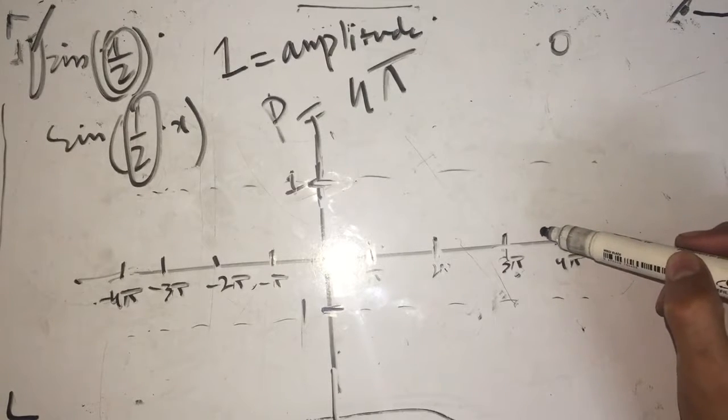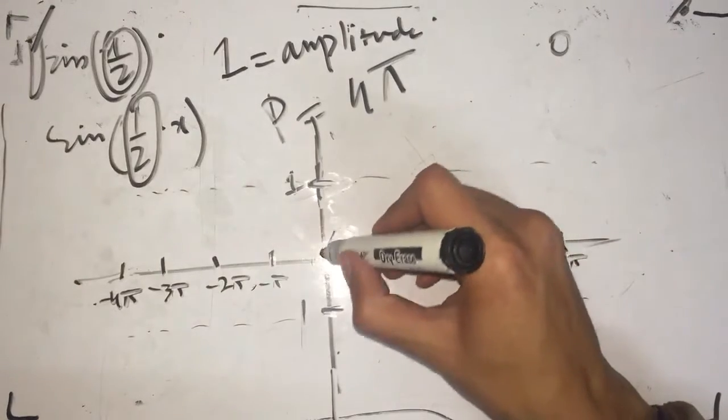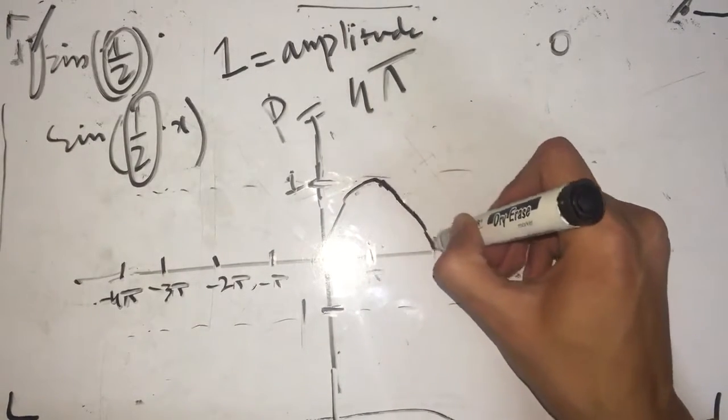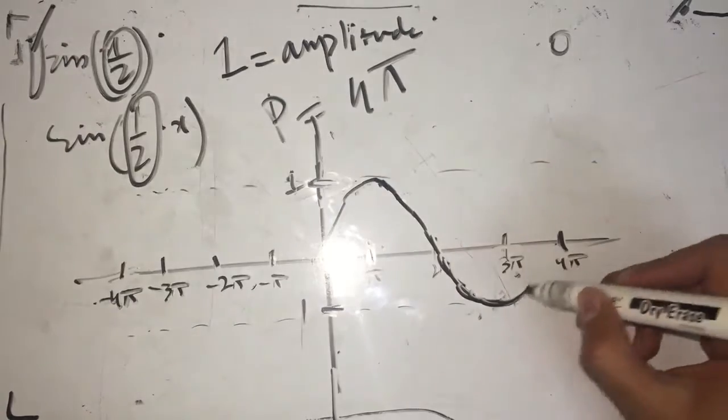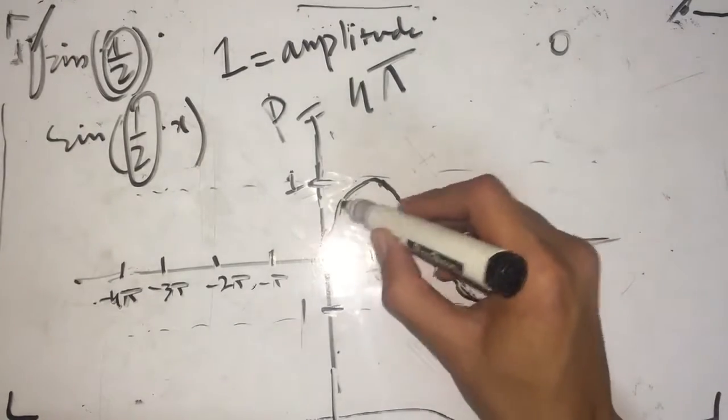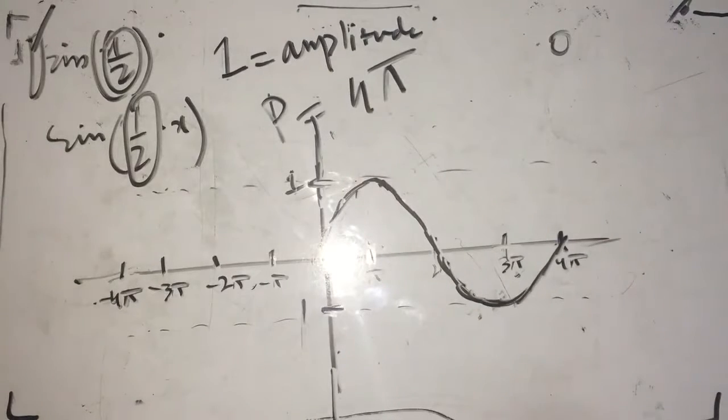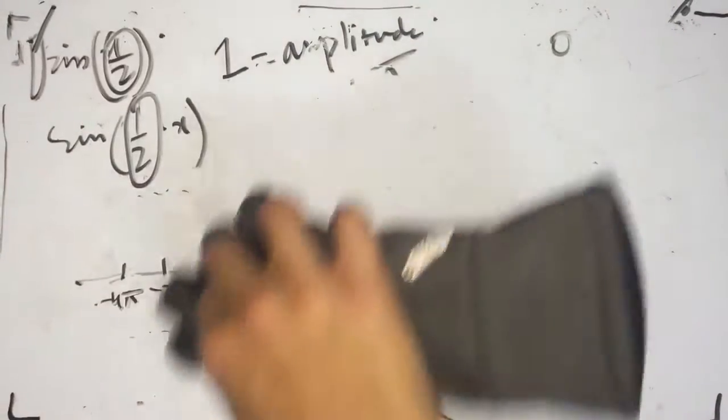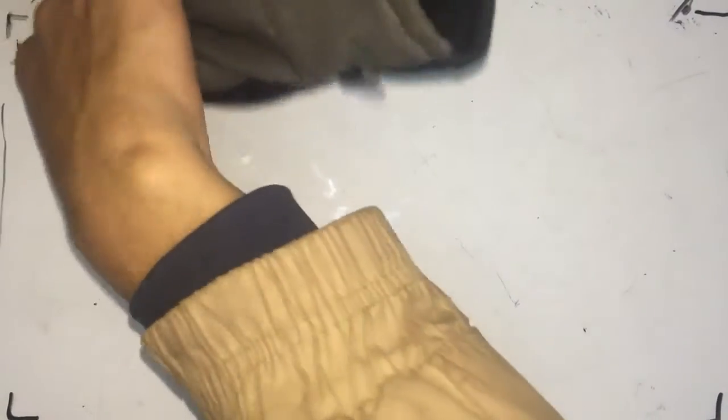So the graph is going to be like this. But here at pi you have sine equals 0, but it's giving you 1. Alright, I'm a little confused in this. But we just got to know that its period was 4 pi and its amplitude was 1. So I'm going to confirm it, and I'm going to add it in tomorrow's video.